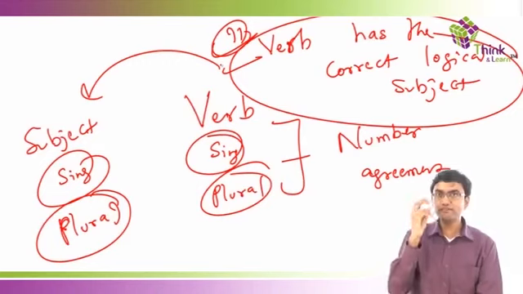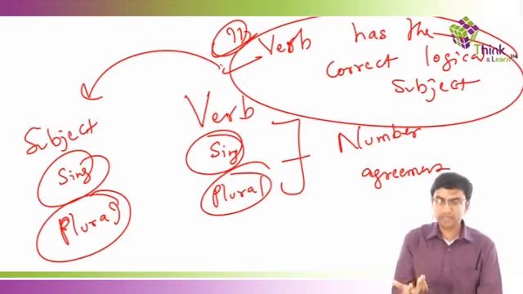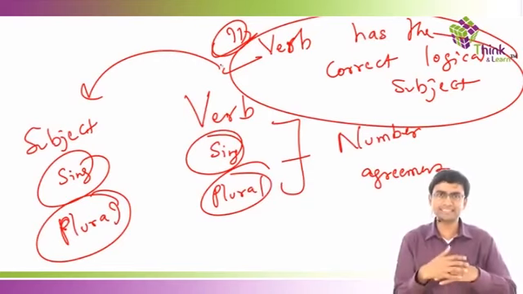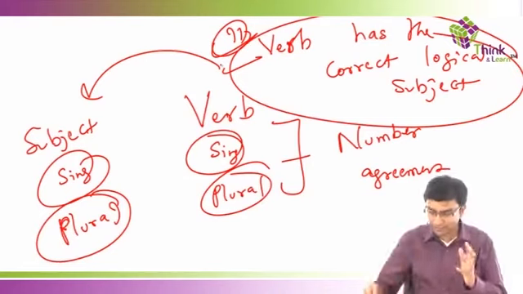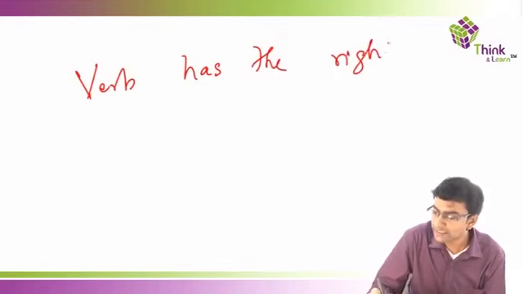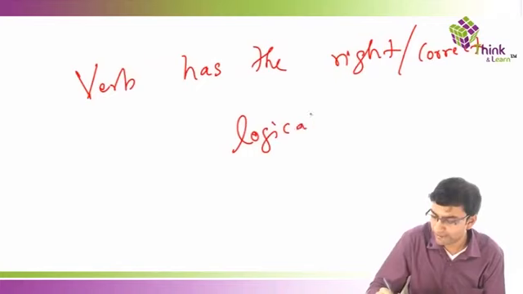That's a mistake I've seen quite often, where the verb should refer to some other subject or some other noun, but it is wrongly referring to the subject. So please check whether the verb has the correct logical subject or not. That's very, very important.